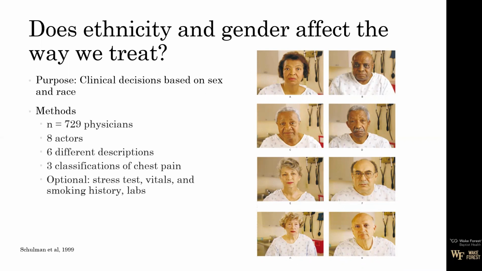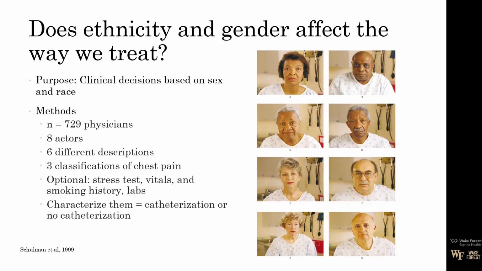Once the physicians classified all these scenarios as definite angina, possible angina, or non-anginal pain, they had to characterize them into referral for catheterization or no catheterization. So they were going to determine their intervention and referral based on these factors.